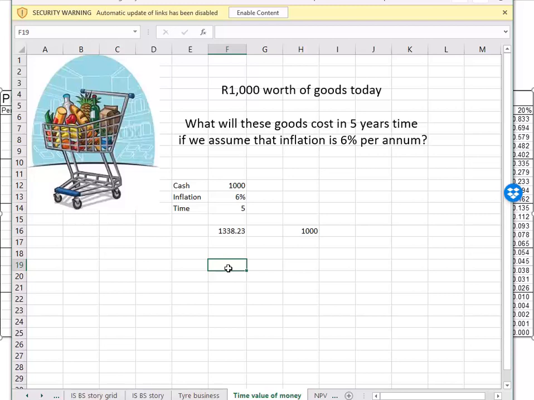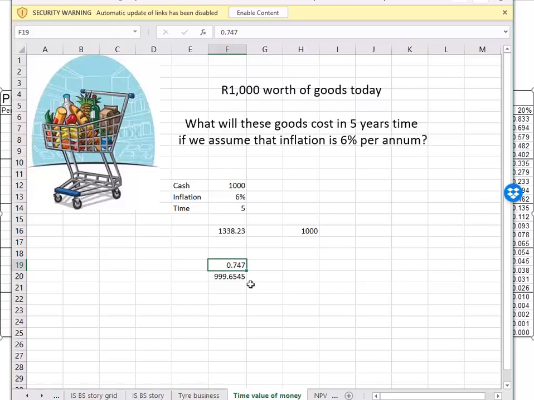So that was 0.747, and if we take that number and multiply it by that ratio, we're going to get very close to 1,000 Rand, give or take a rounding error in this ratio number.